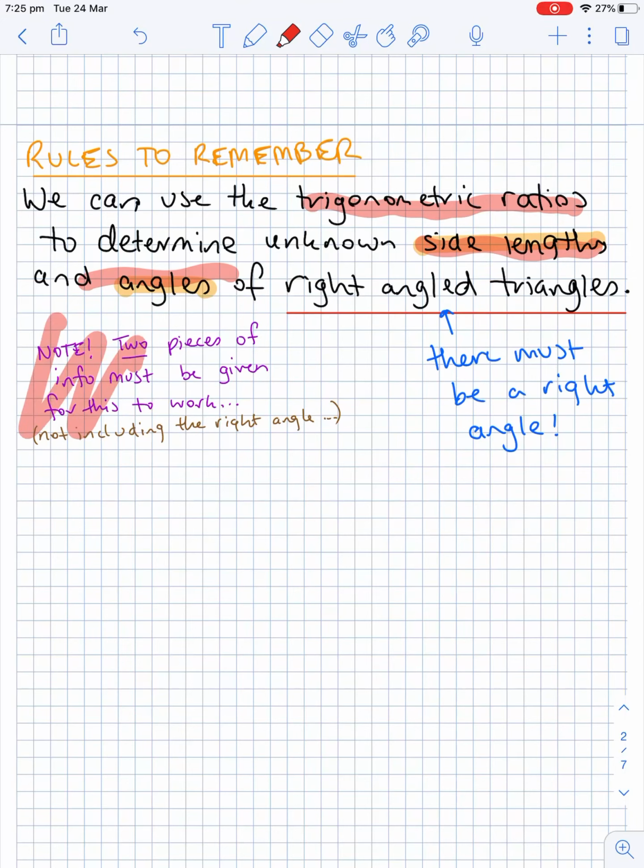A note here: 2 pieces of information must be given about your triangle in order to use these trigonometric ratios, and the 2 pieces of information do not include the right angle. There always has to be a right angle, and then I also have to give you another 2 pieces of info. It's really important to remember that we're only dealing with right-angle trigonometry, so there has to be a right angle.